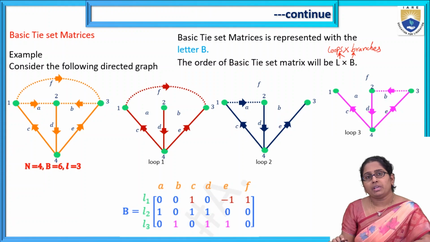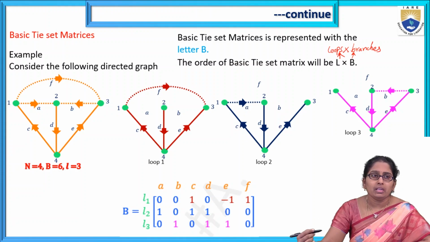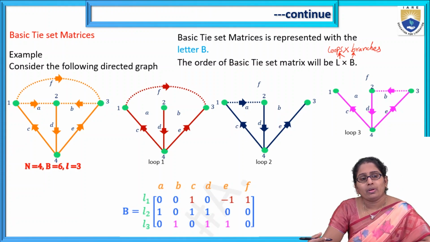So the order is number of loops by number of branches.